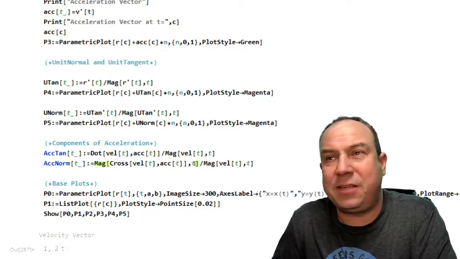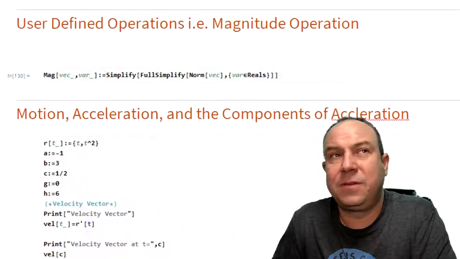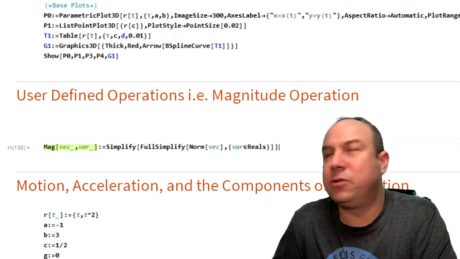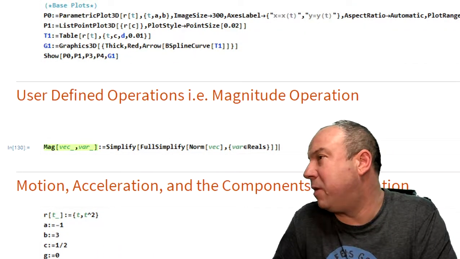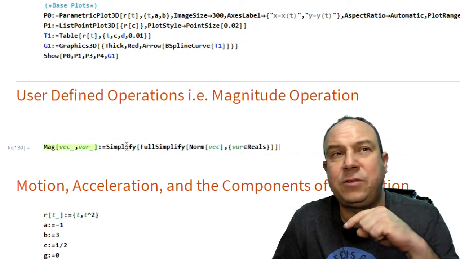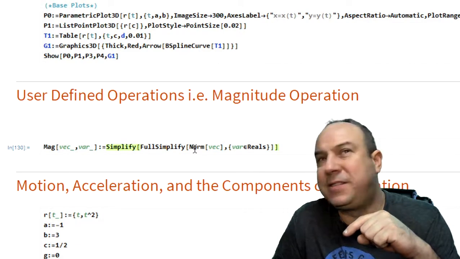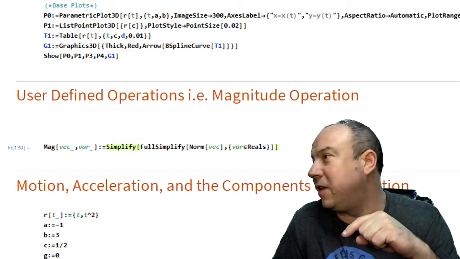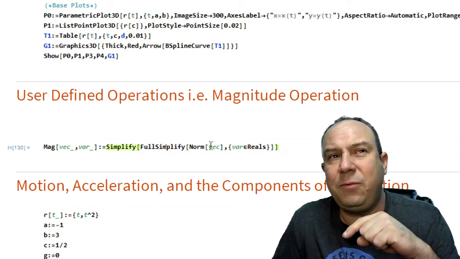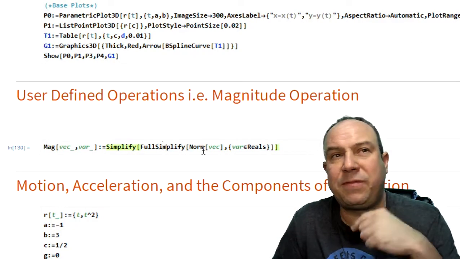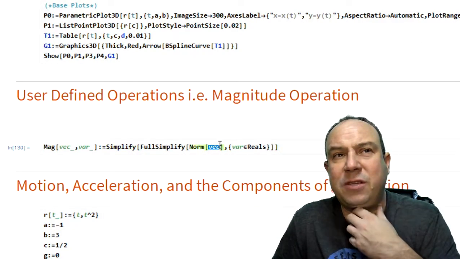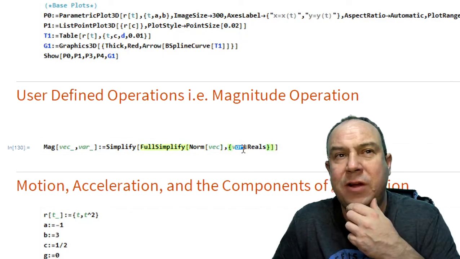Again, this magnitude function, folks, remember that was a user-defined operation up above. I knew I was going to have to use this simplify, full simplify, and normal several times in my calculation here. And I didn't want to have to write this out every time, and I wanted to simplify it where I knew basically it was just going to repeat here with the vector that I put in the variable.